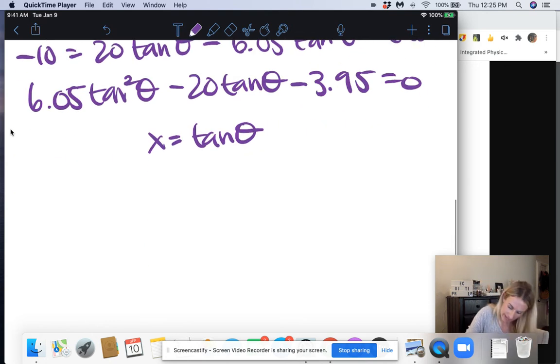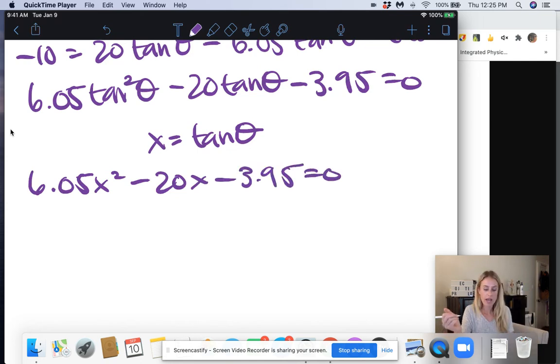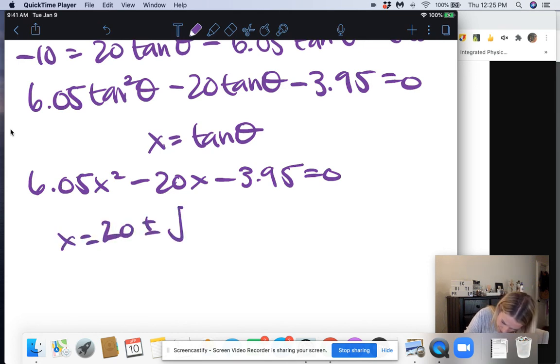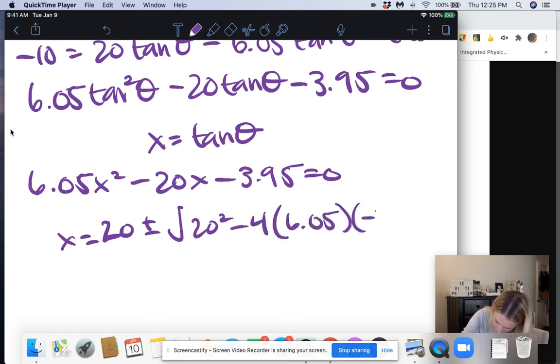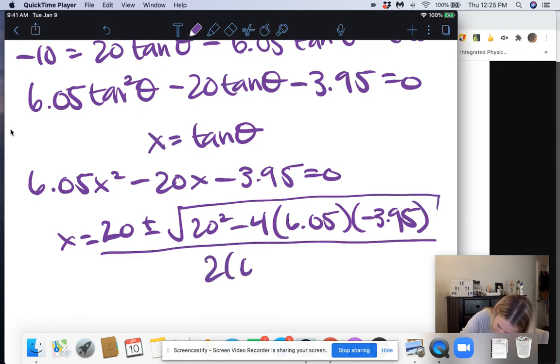So what we end up getting is 6.05x squared minus 20x minus 3.95 equals 0. And then I'm just going to use the quadratic formula. So we get x equals negative b plus or minus square root of b squared minus 4ac, all over 2a, 2 times 6.05.